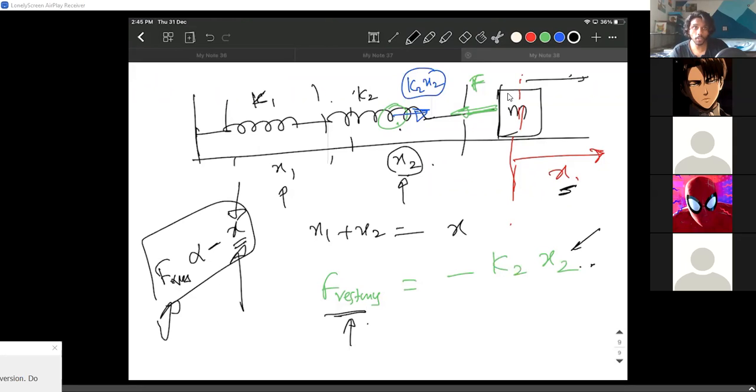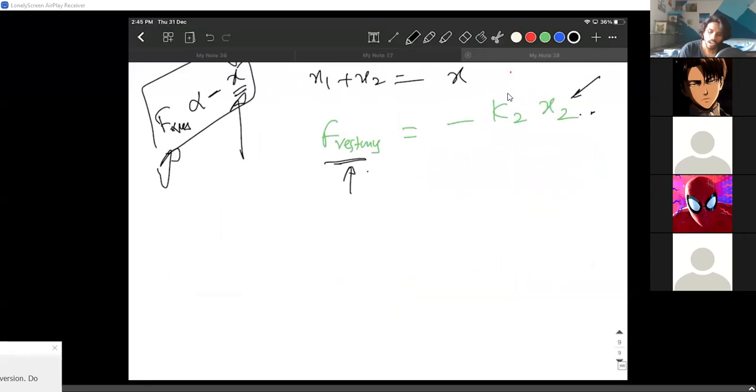Good that you already found the restoring force. You're following the logic. This is how problems can get twisted. Like I said, the problems can be really easy, but they can get twisted also. So I have the restoring force in terms of x2, but I want it in terms of x. This is where our fight is going to be. I already know x1 plus x2 equals x.